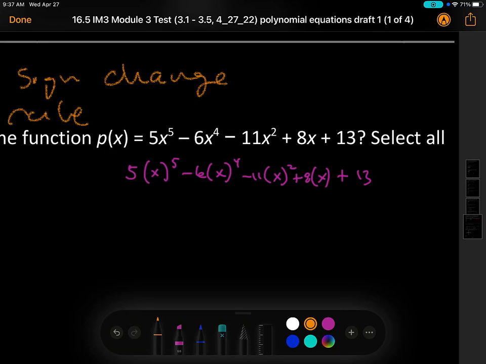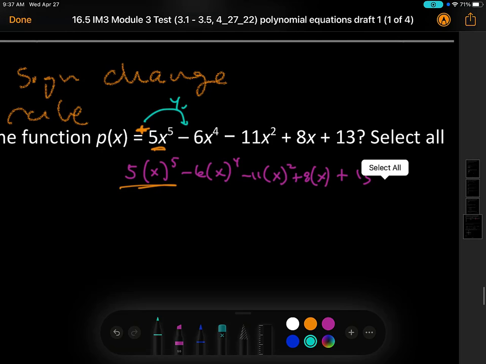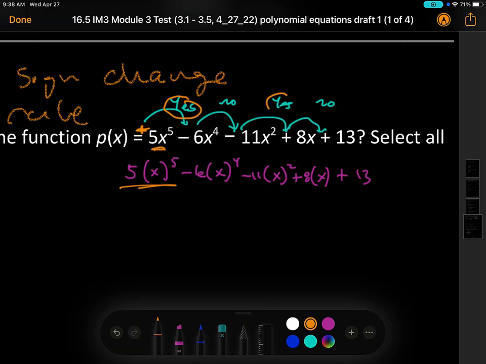So if you simplify this, I'm not going to do all of them, but it basically goes what you have up here. Now, if this is a positive, we just have to count the sign changes. So that's a yes. From negative and negative, is that a sign change? No. This is a yes and a no. So here I have two yeses.